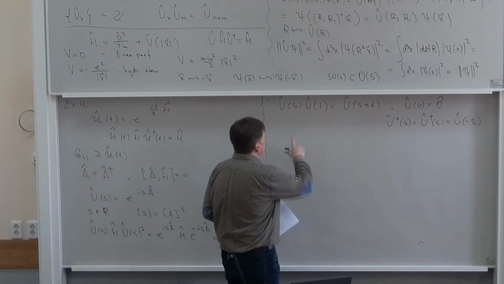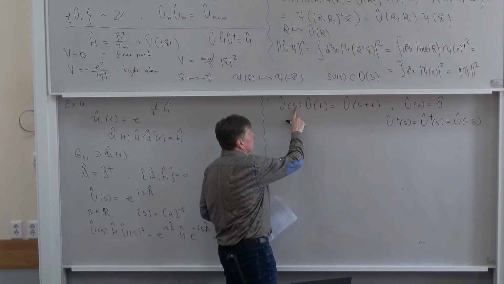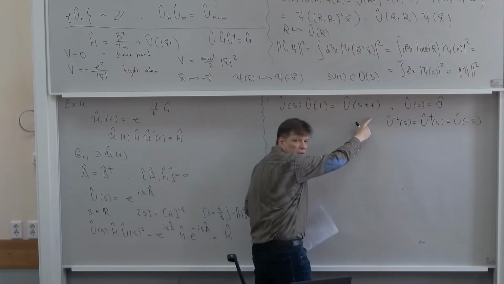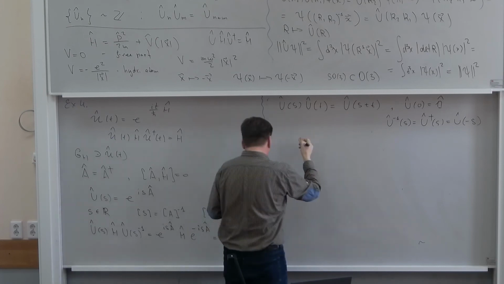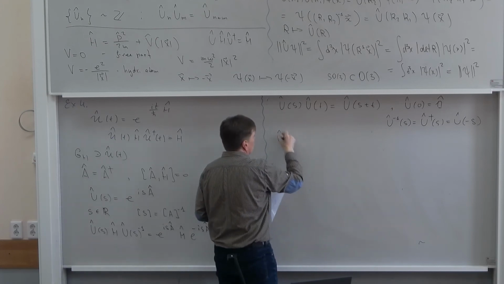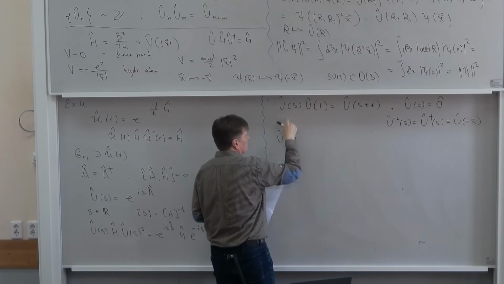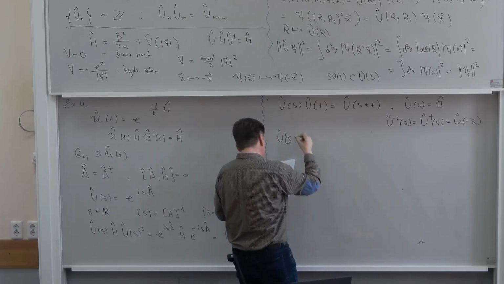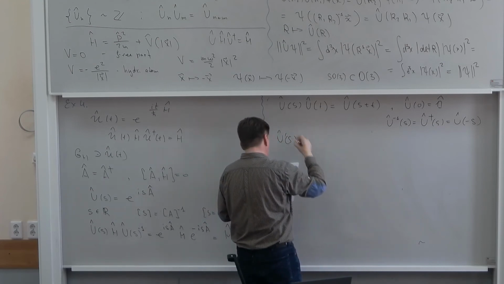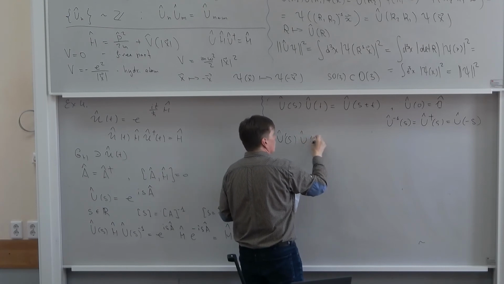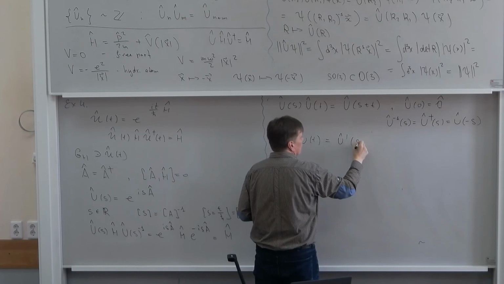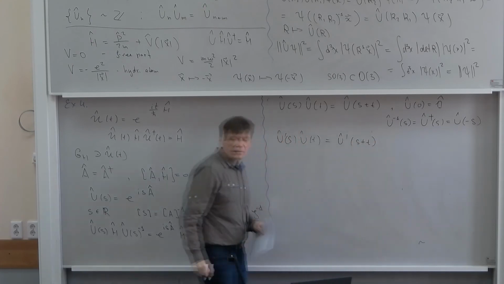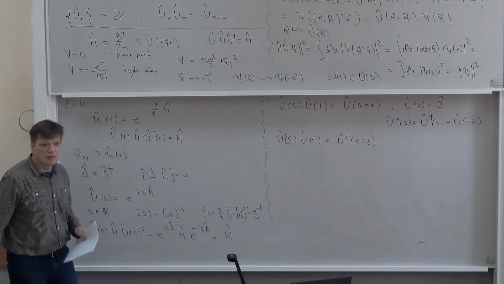To prove this, we just differentiate this quantity by s. What do we get? We get U prime of s, where prime denotes the derivative with respect to s, times U of t, equal to U prime of s plus t. Do you agree? I agree.